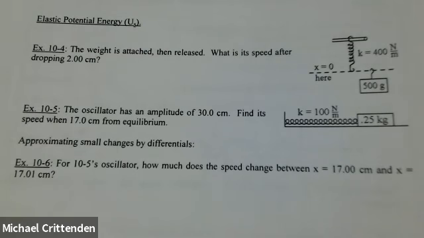So, continuing number 5, same oscillator. The question is, how much does the speed change between x equals 17 and x equals 17.01? The main thing I wanted to illustrate with this example is how you can use differentials to approximate small differences.